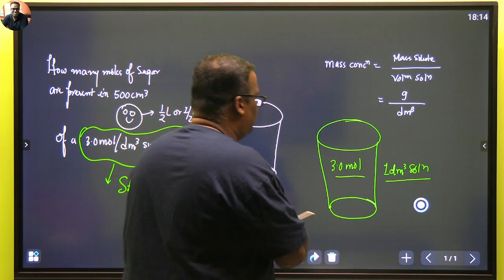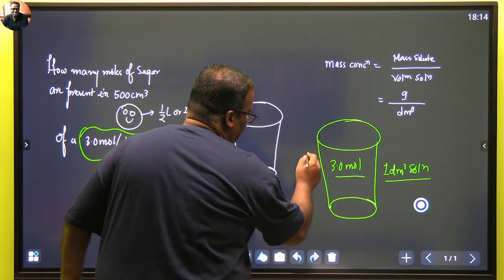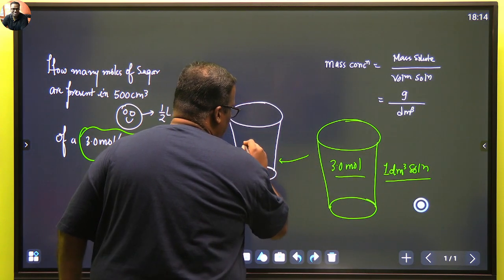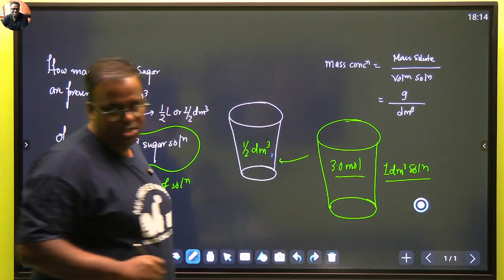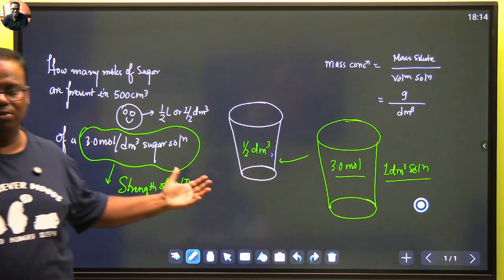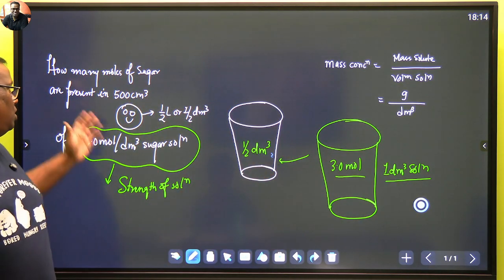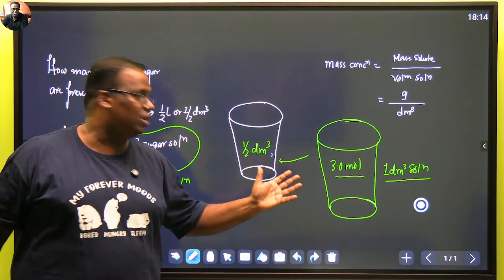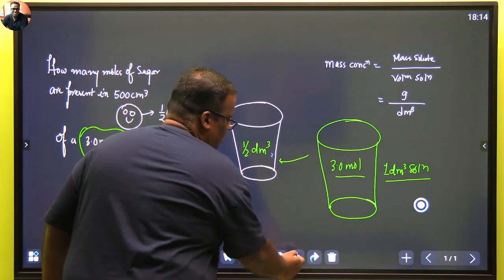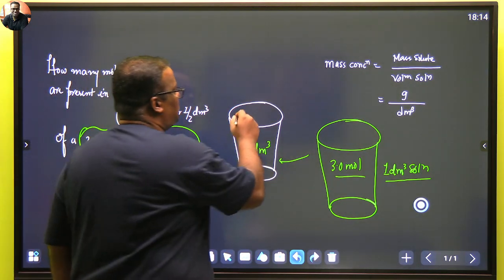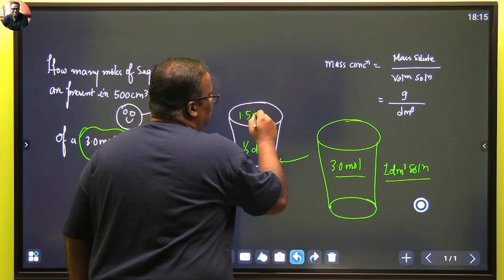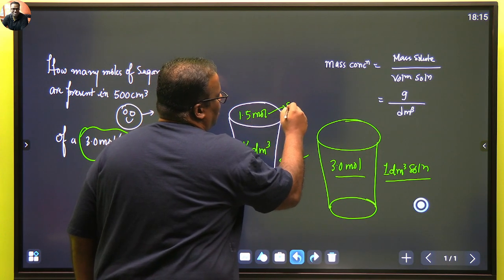Now from here, you have taken a vessel where there is half dm cube of solution. Now they are asking you, how many moles of sugar do you expect here in half dm cube? Exactly half of that. So I expect 1.5 moles of sugar out here.